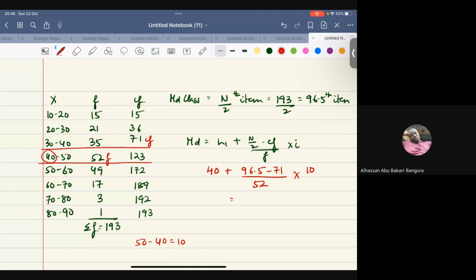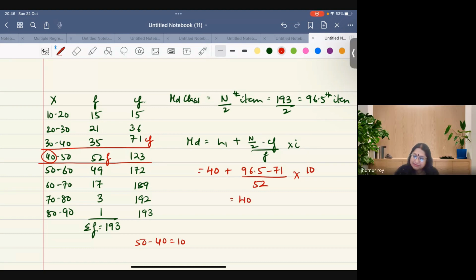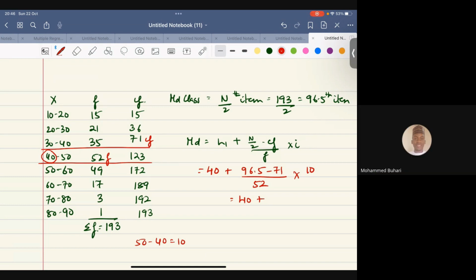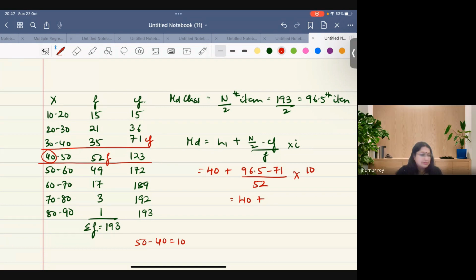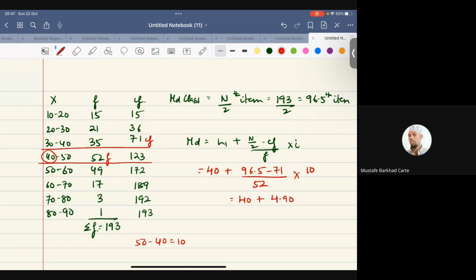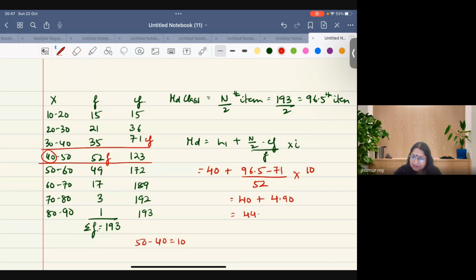What is the value you are getting? 40 plus 4.9, so 44.9. This will be your median.